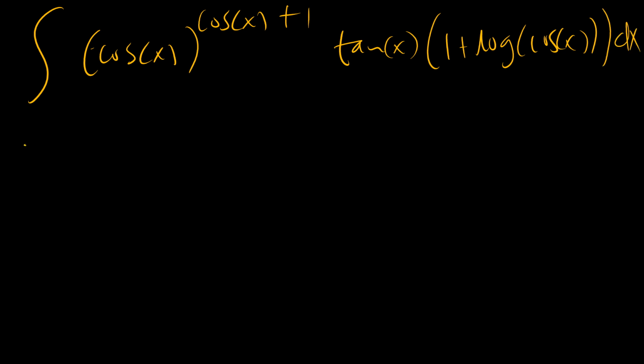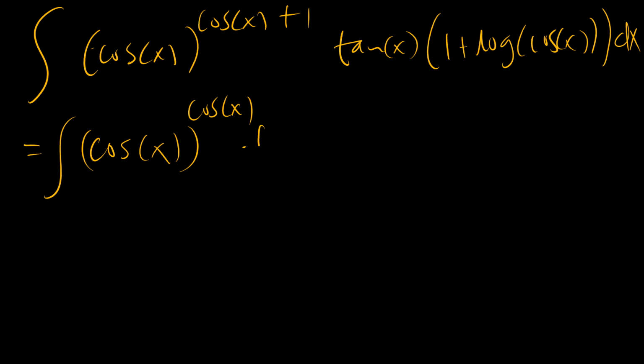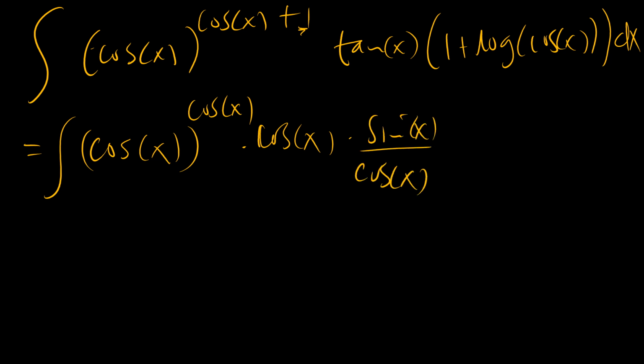And so this is the same as cosine of x to the power cosine of x times cosine of x, coming from this 1 here, times tangent of x, which is the same as sine of x over cosine of x, and we see this would cancel out, and we have 1 plus natural logarithm of cosine of x.